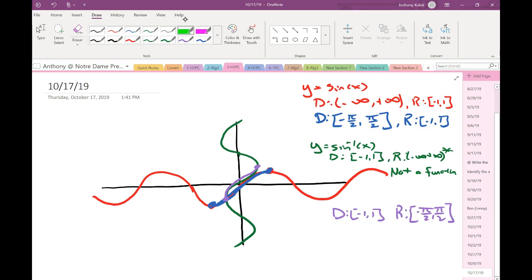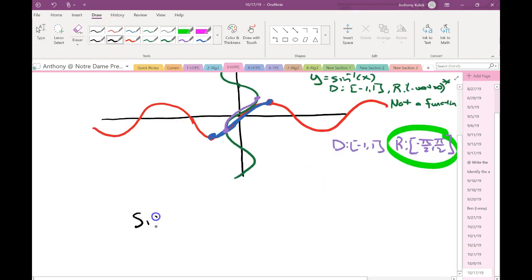So, similar things happen with cosine and with tangent. The thing that we really care about here are these ranges for the inverses. So just to summarize, for sine inverse, the range is this.